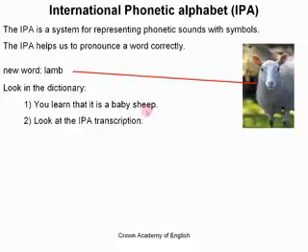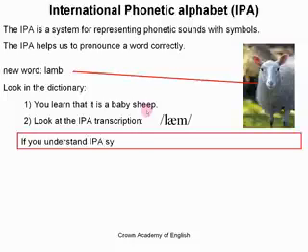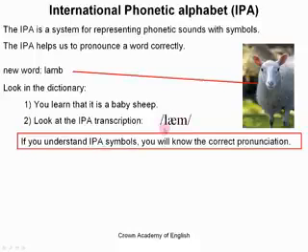Then in the dictionary, we look at the IPA transcription. Here it is. Okay, so this will tell us how to pronounce the word. And if we understand these symbols, then we will know the correct pronunciation of every word.